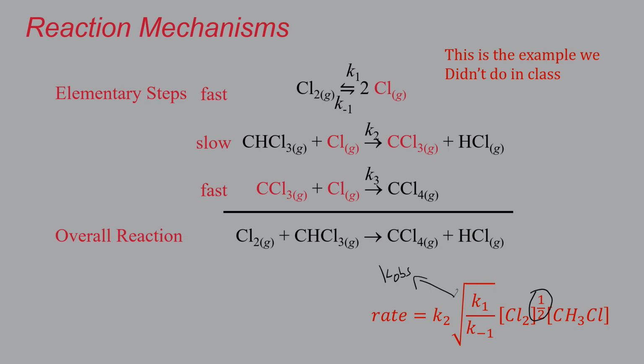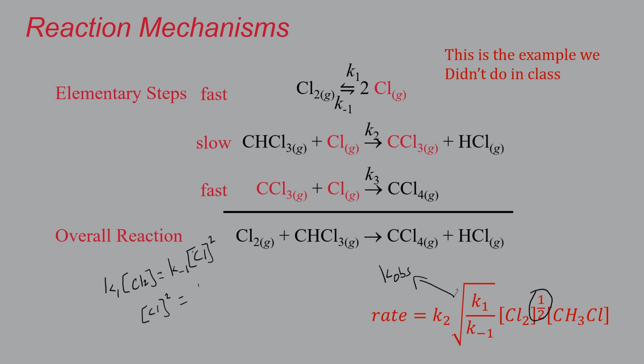And, well, let's just go ahead and do it since we have time. So how does that work? You've got K1 times the concentration of Cl2 equals K negative 1 times the concentration of Cl squared. So you want to solve for the concentration of the chlorine atom. The chlorine atoms are the problematic species.